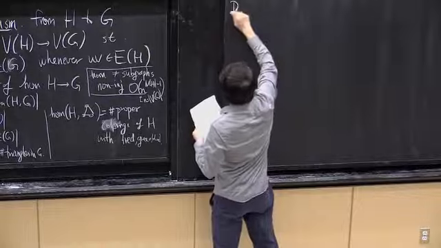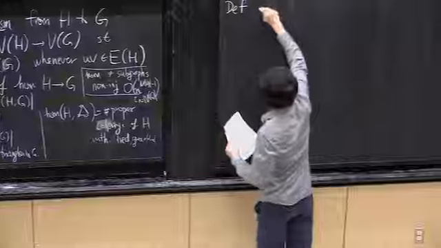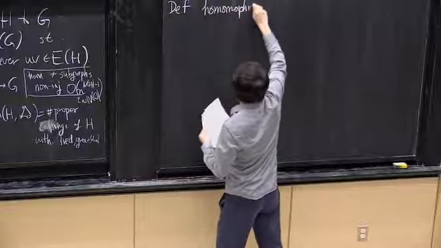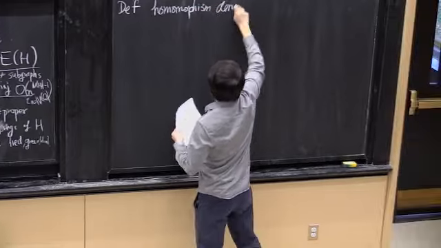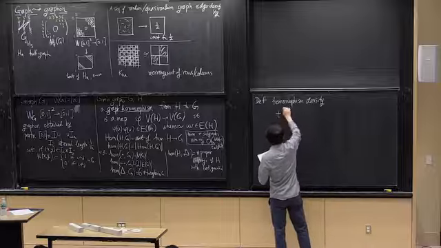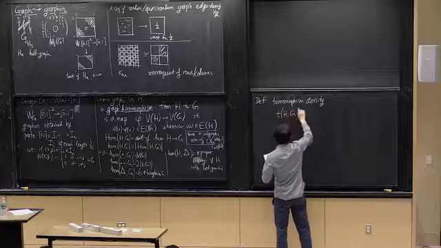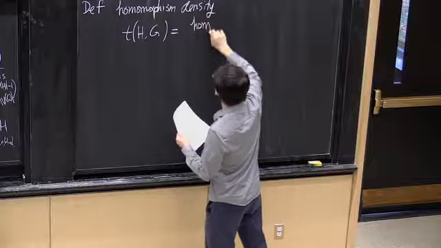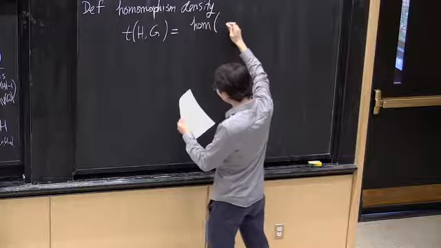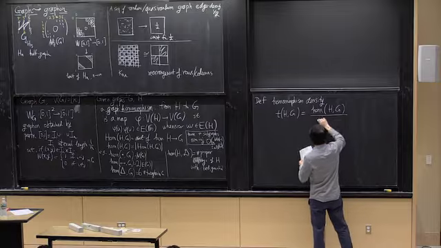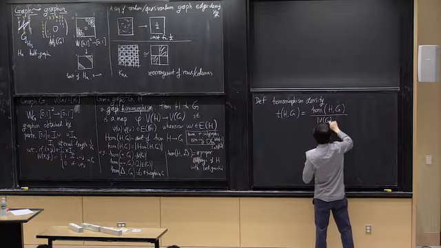We define the homomorphism density, denoted by the letter T from H to G, to be the fraction of all vertex maps that are homomorphisms.